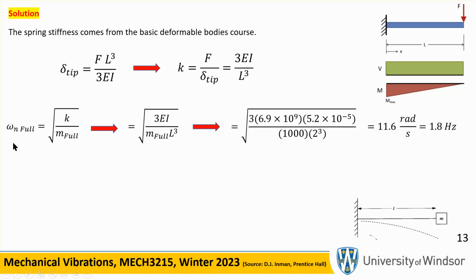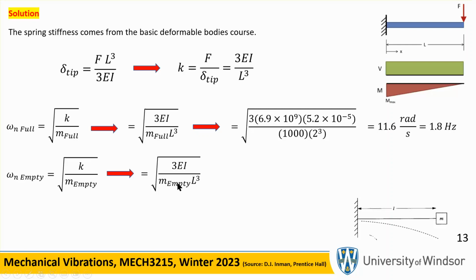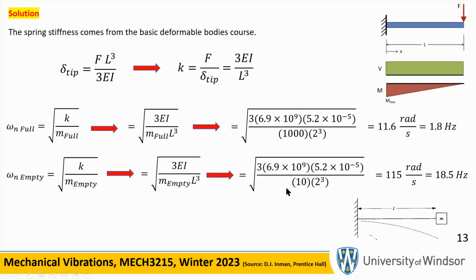Now, if you repeat this for when the tank is empty, the mass is only 10 kilogram. So empty tank, only 10 kilogram, right there, you can see that. Everything else is the same, and you get 18.5. So when you look at it, full tank, 1.8 hertz, empty tank, 18.5 hertz.